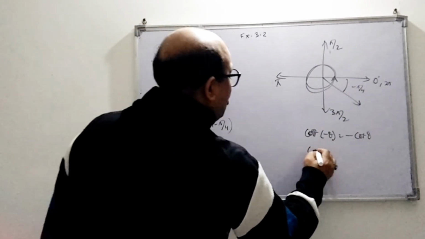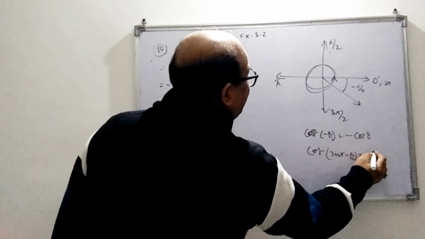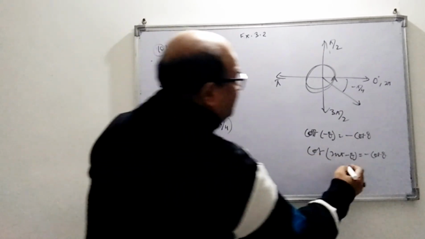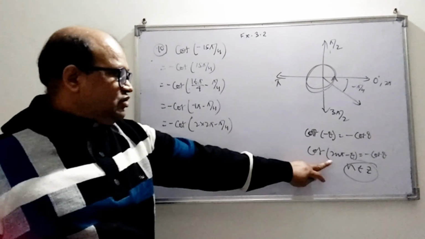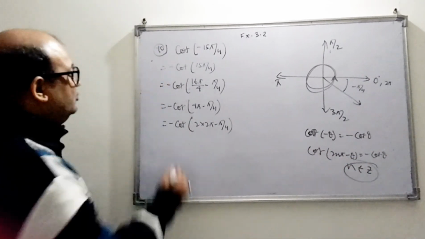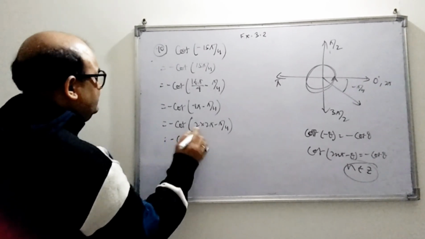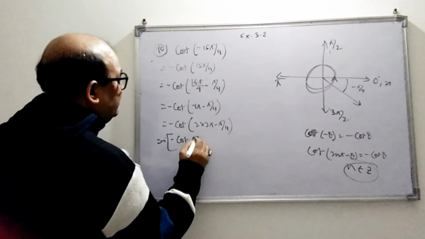We know cot of 2n pi minus theta equals minus cot theta. This again comes in the fourth quadrant, where n is an integer. So here also we can write minus of minus cot pi by 4.